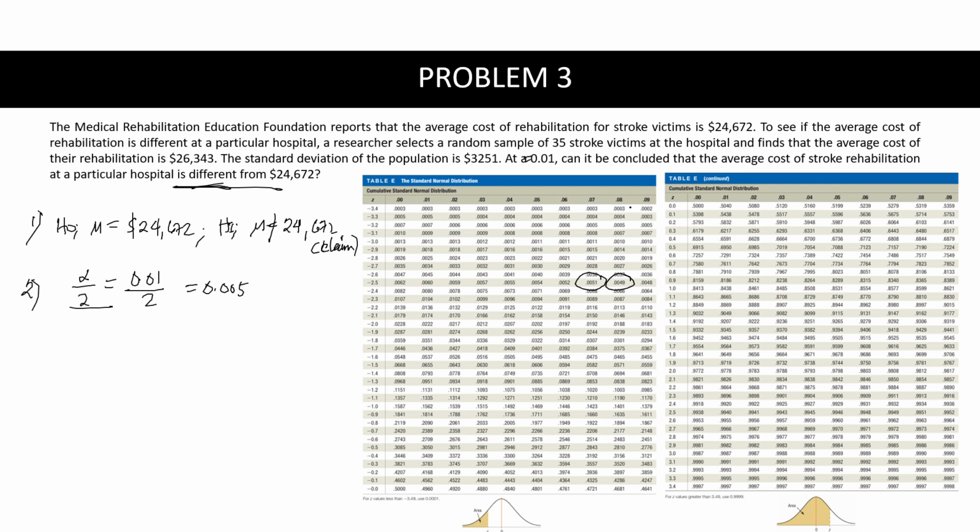So we move to 2 point, that is negative 2.58, because the result is negative 2.575. Since we're using two decimal places, it is negative 2.58. So our critical values are positive and negative 2.58, for the right and the left.